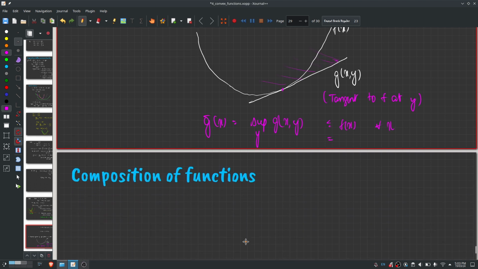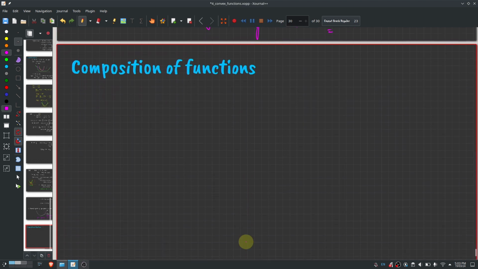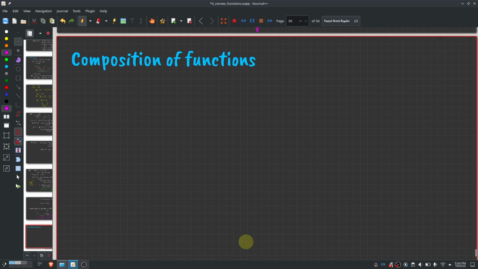Okay. So previously we saw that the composition of a convex function with an affine function is always convex. But what if I have two general functions?